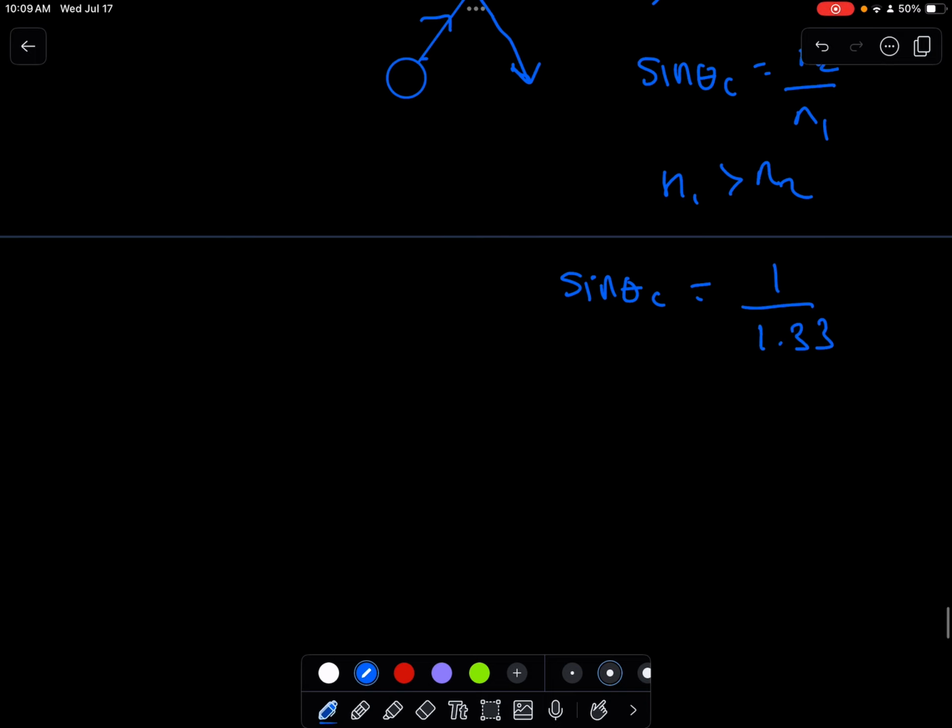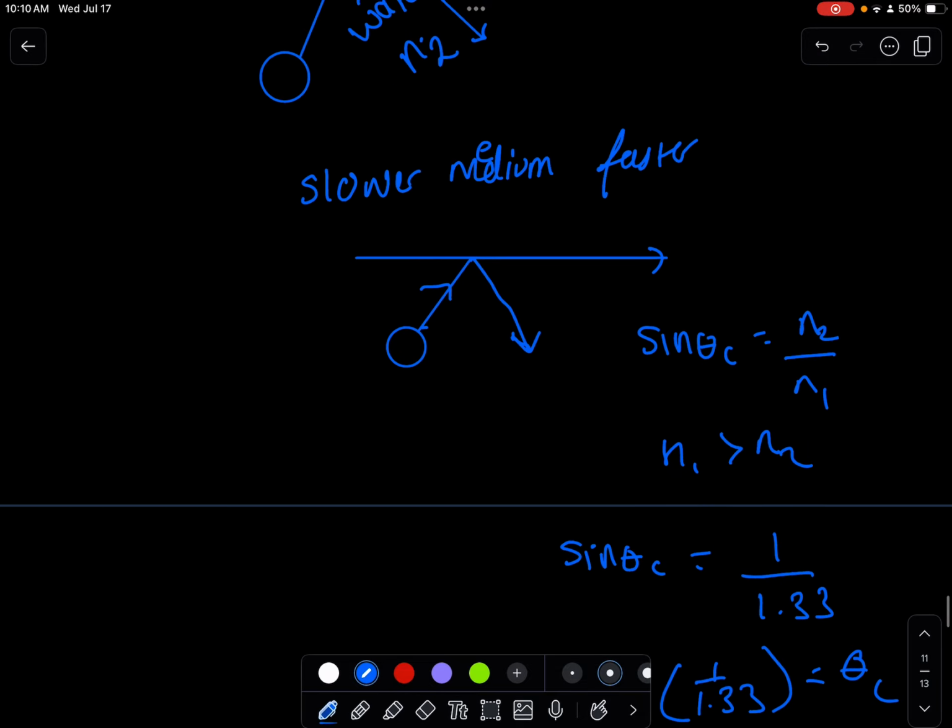And so the arc sine of that is equal to the critical angle. And that is the angle at which light is going to reflect rather than refract at the boundary between water and air. Hopefully that makes sense.